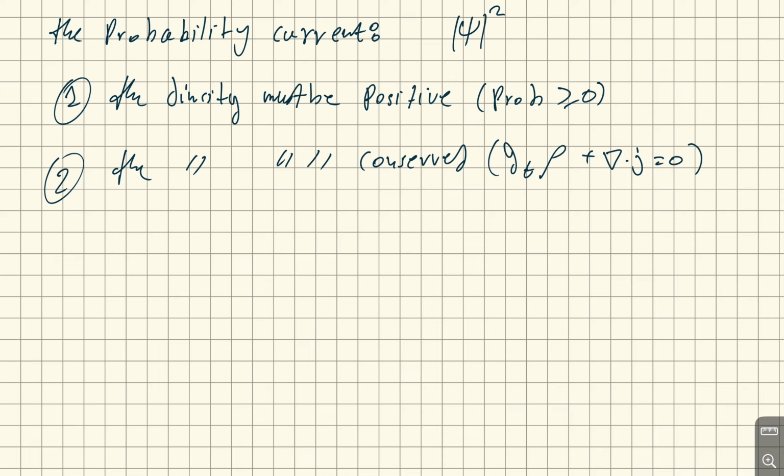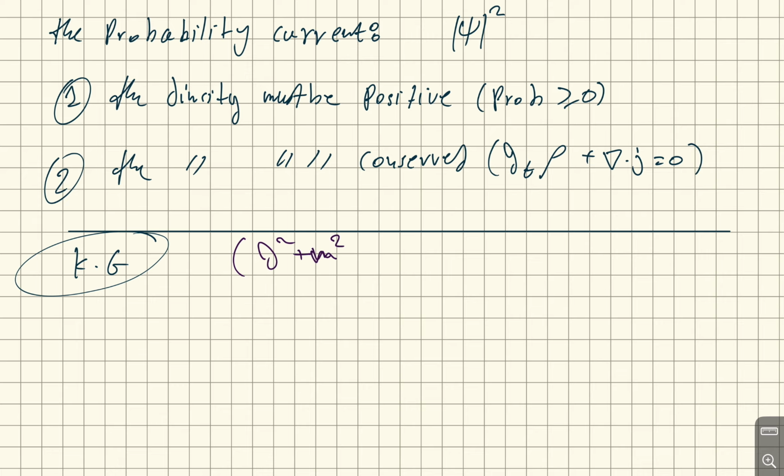Let's now check the Klein-Gordon and Dirac. So for Klein-Gordon, we take the equation, and Klein-Gordon in the basic form is like this. We don't really care about the details right now. This is the basic form of Klein-Gordon, and we also take the conjugate form.